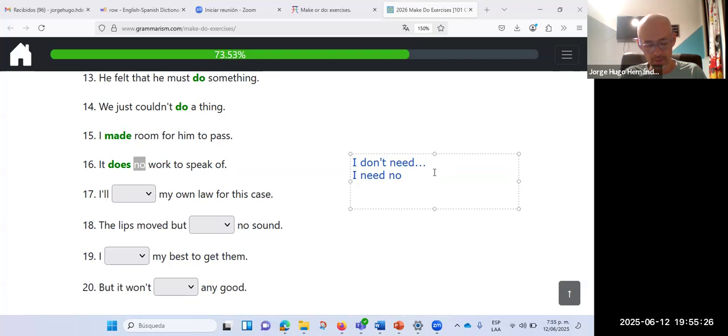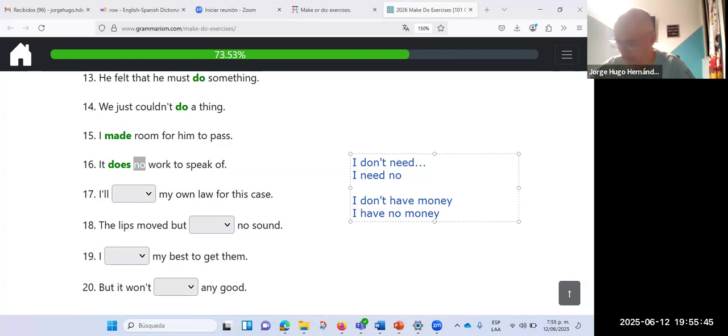And there are some examples. For example, I don't have. You can say, I don't have money. Or you can say, I have no money. Okay? Both of them are correct.